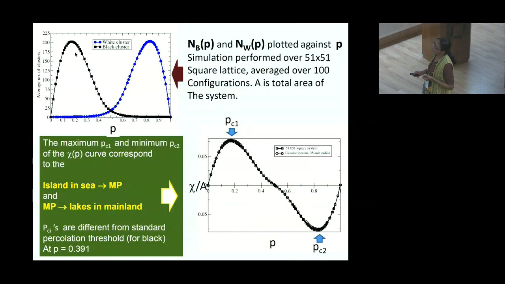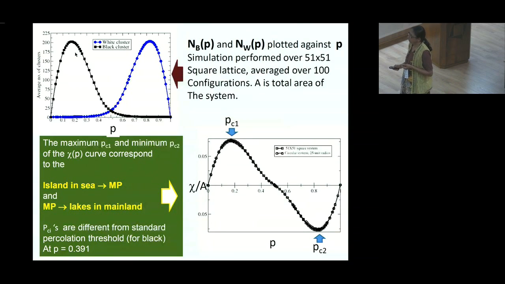The number of white clusters, initially it is 1, and it stays 1 for some time, and then it will rise. And the number of black clusters rises, reaches a peak, and then falls, and ultimately goes to 1. And if we take the difference of these two, this is the Euler number.